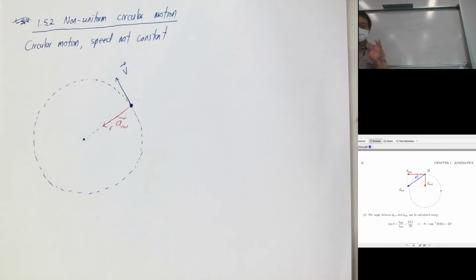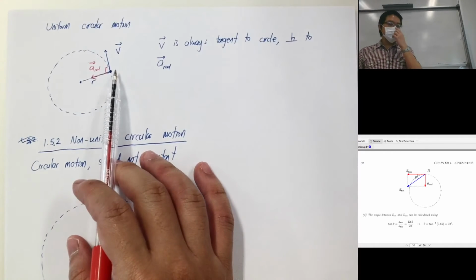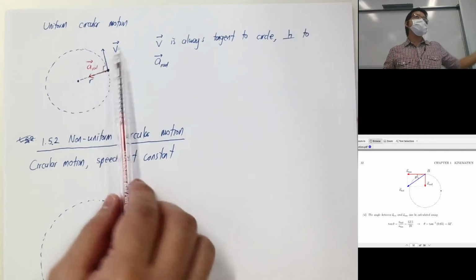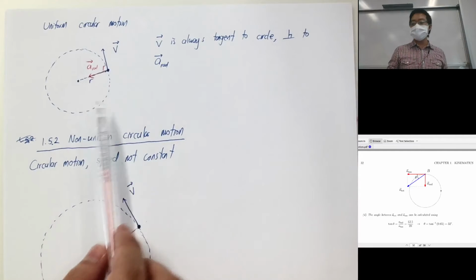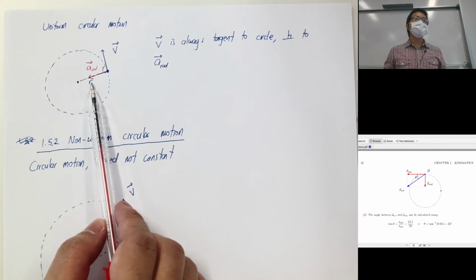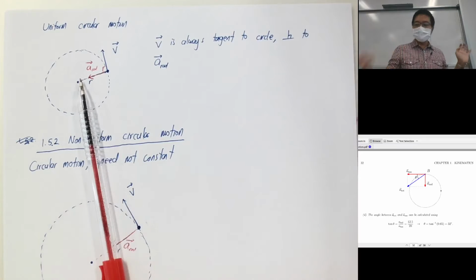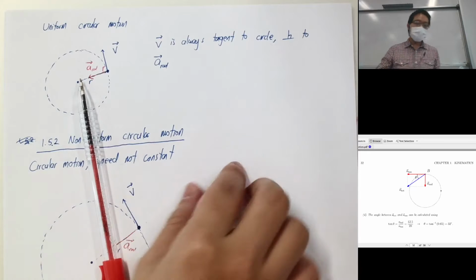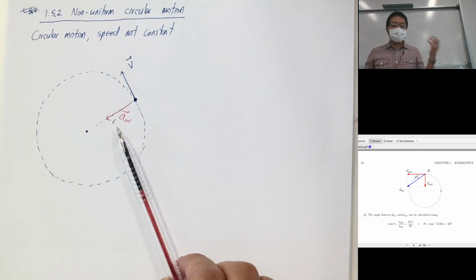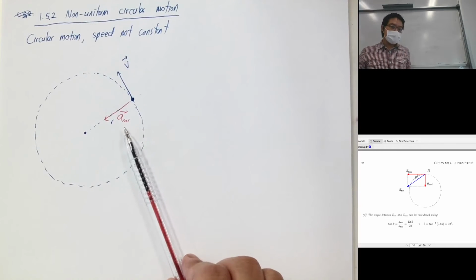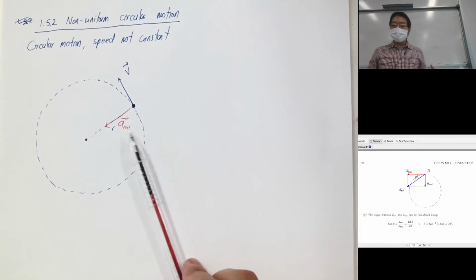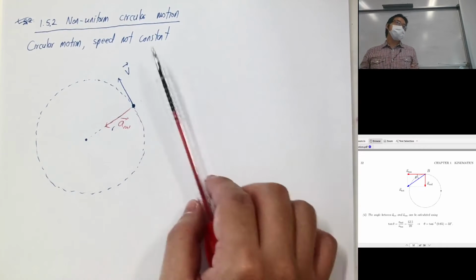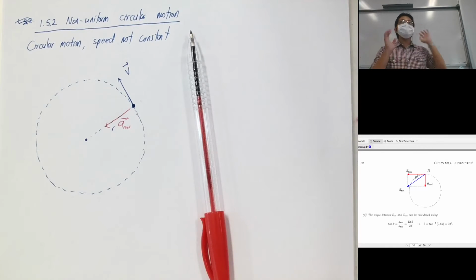For uniform circular motion, the velocity is changing because of this radial acceleration. Radial acceleration will cause the object to change direction, but the speed stays the same. The same thing follows here. The radial acceleration will cause the object to move in a circle, but it is not capable of changing the speed.